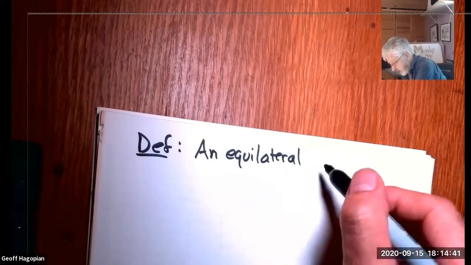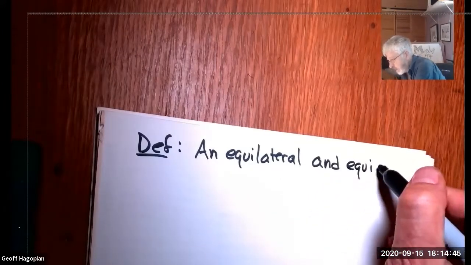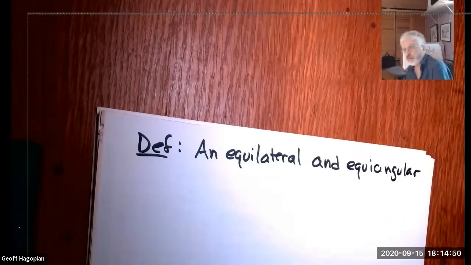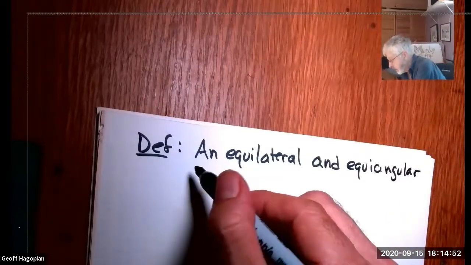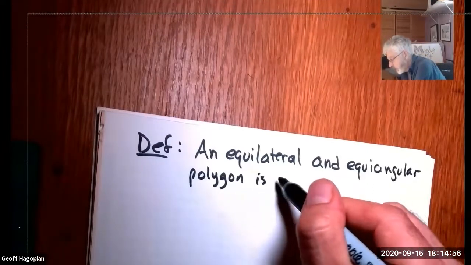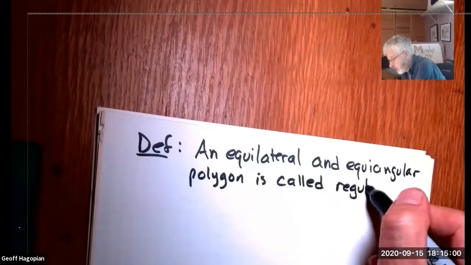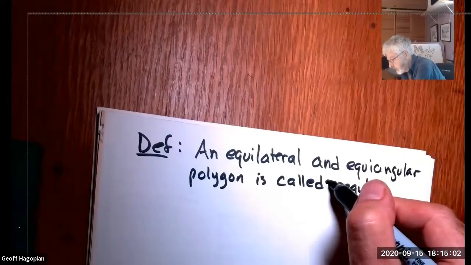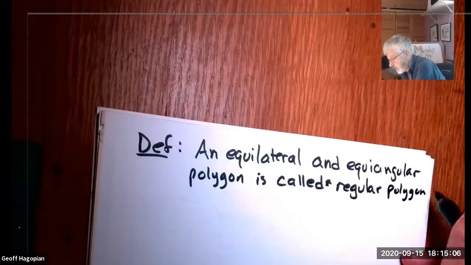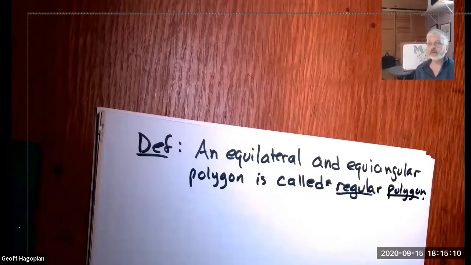So the sides have the same length, and the angles are the same measure, right? An equilateral and equiangular polygon is called regular. So regular polygon. Shall I say a regular polygon? And this is what we're defining here, right? Regular polygon.